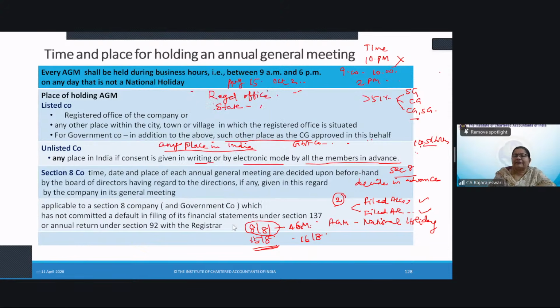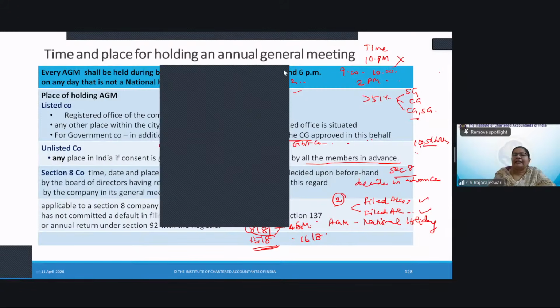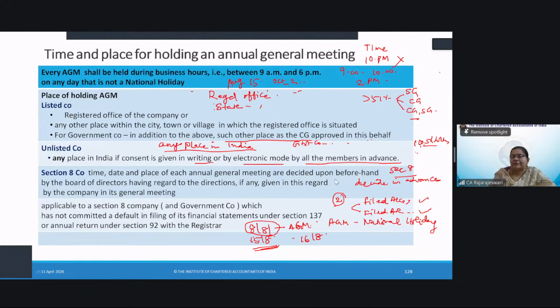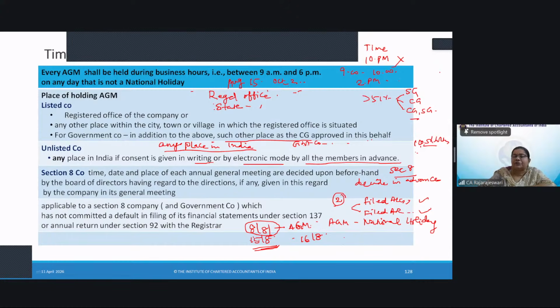So those days definitely, or any day the government declares as a national holiday, you cannot hold the meeting on that particular day. So you should be careful when the question is asked. Even an adjourned meeting cannot be held on a national holiday.